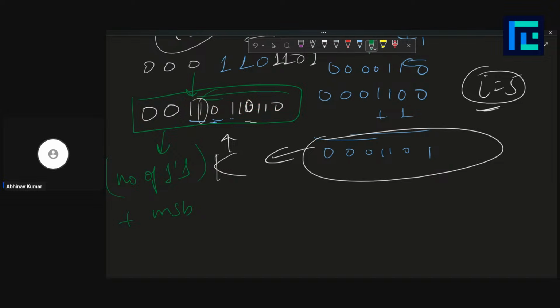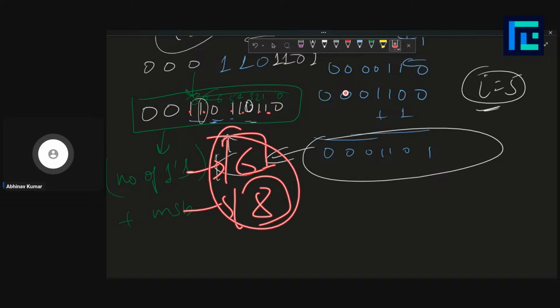If you index it 0, 1, 2, 3, 4, 5, 6, 7, 8. So if you start with this one from here, you would have to left shift it 8 times. So the minimum that I was talking about here, the number of ones here was 1, 2, 3, 4, 5, 6. So 6 type 2 operations and 8 type 1 operations. This way it would be minimum.